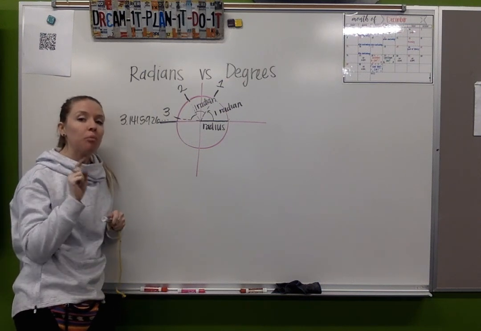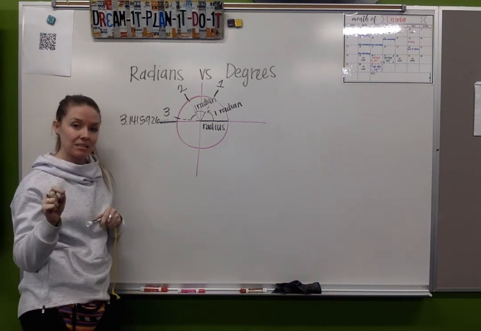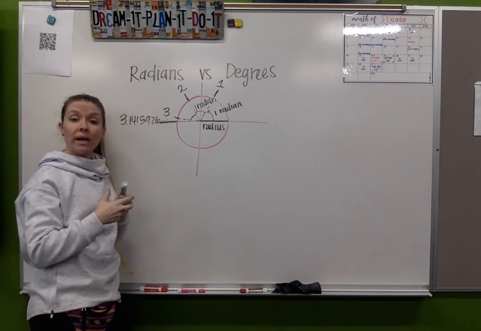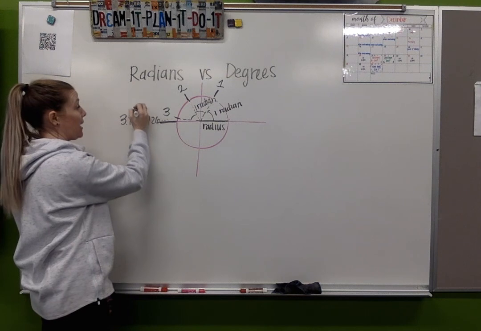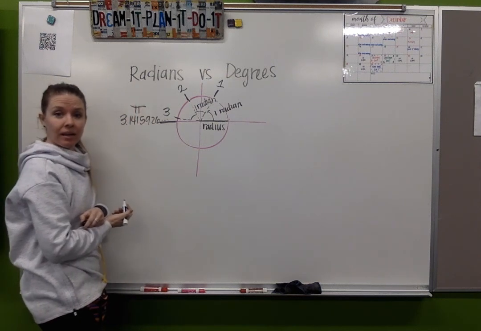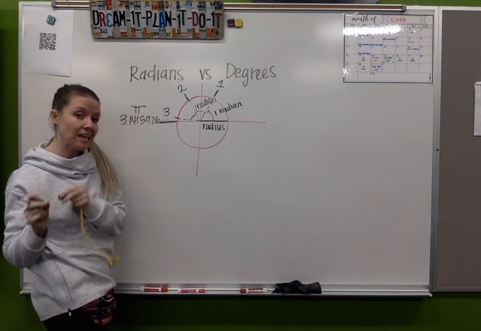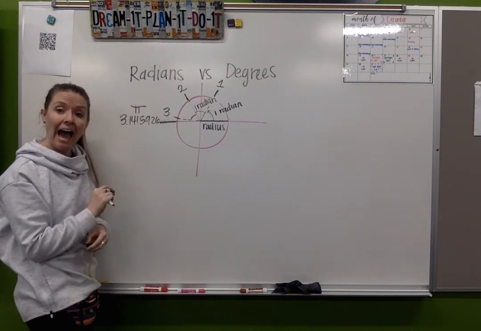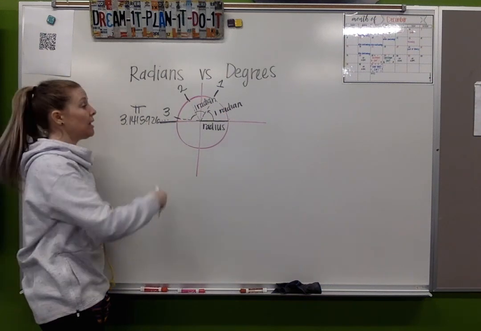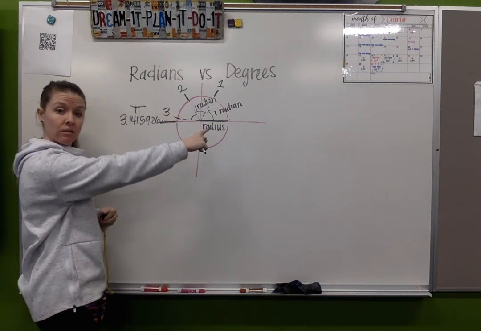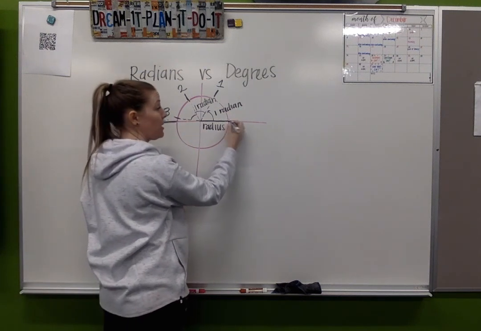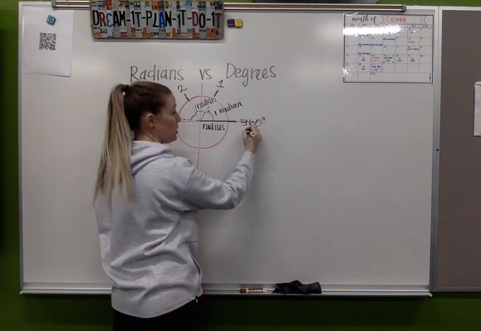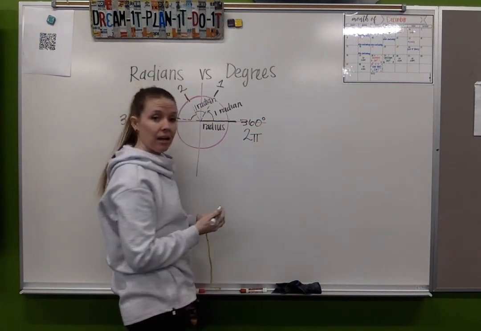Again, 3.14 radians. What's 3.14? We know that as pi. It takes pi radians, 3.14, to create half a circle. If I were to keep going, I'm going to end up hitting back here at 360, and that's going to give me 2 pi radians.